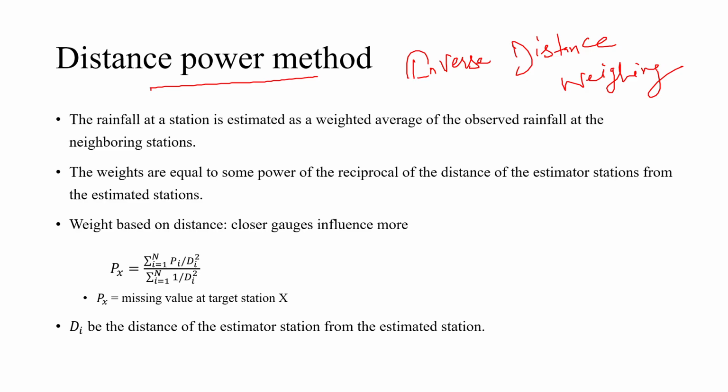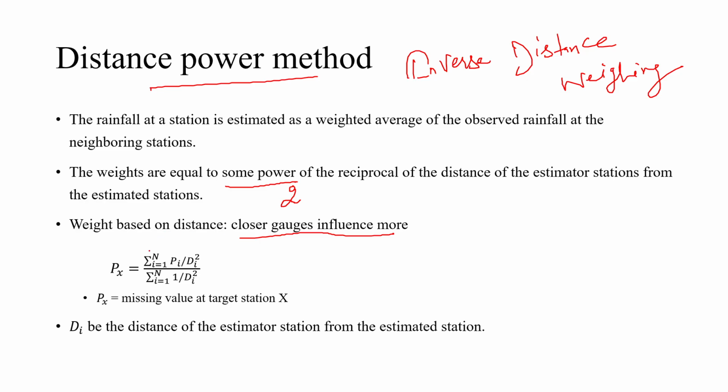That is why the rainfall at the missing station X is calculated as a weighted average of nearby stations, and this weight is inversely proportional to the distance raised to some power. Generally, this power is taken as 2. So the weight is based on distance: the closer gauge influences more.